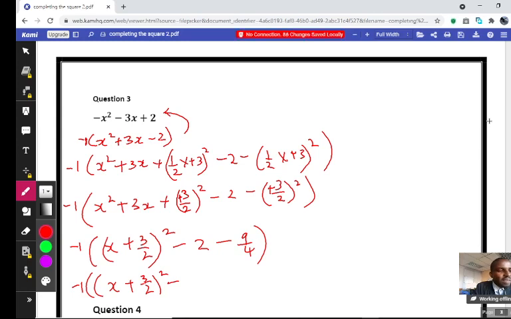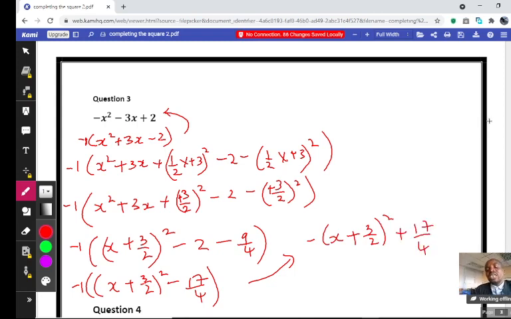What do you get? 2 plus 9 over 4 in your calculator, 17 over 4. Like this. Then you remove your bracket using the negative sign. It will be minus, then x plus 3 over 2 squared, then plus 17 over 4. Like this. Then you are done.